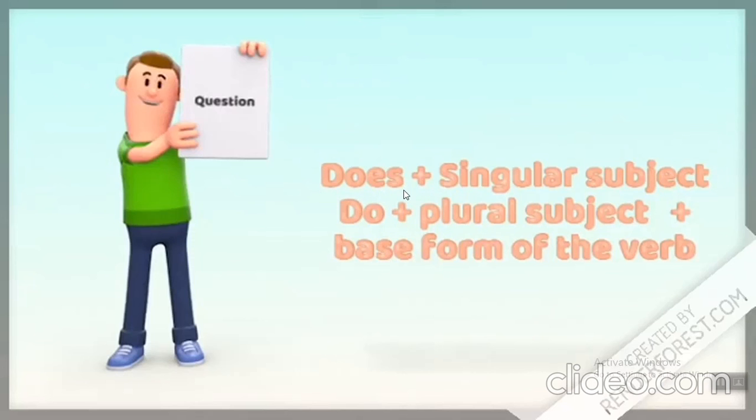Will we add s here in the question? When we ask with does, will we add s? No. We have does, so we won't add anything to the verb. Not just in this tense, but in any sentence in English. If you have does as an auxiliary verb in the sentence, do not add anything to the main verb. That's very important, and remember that.